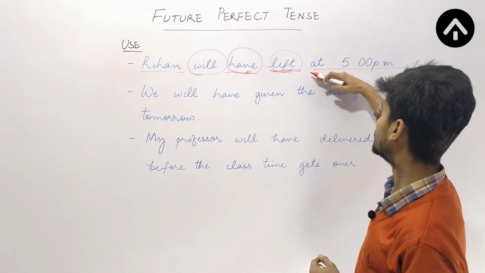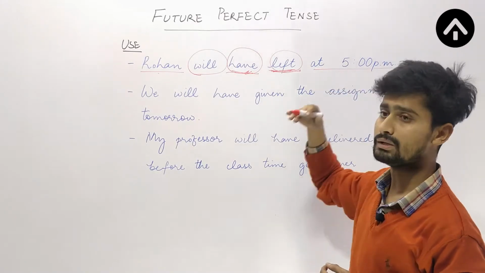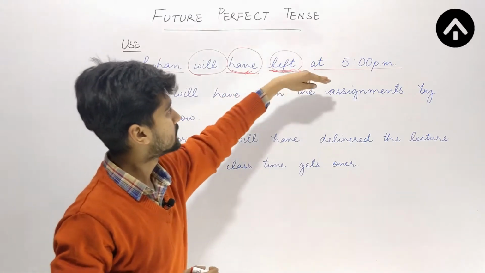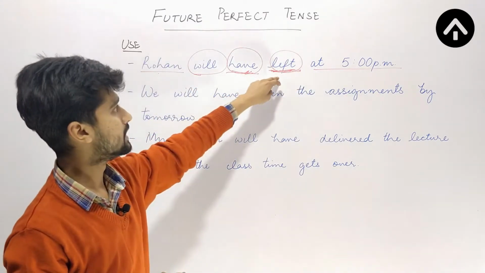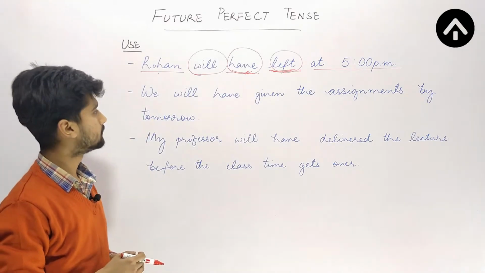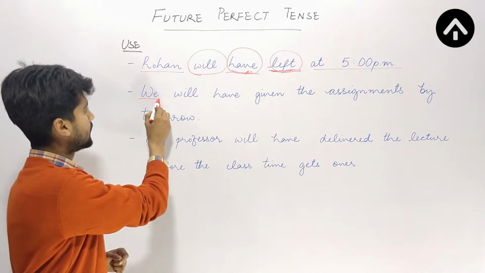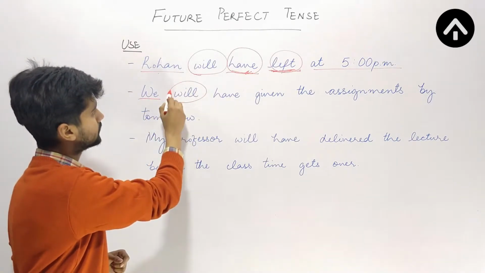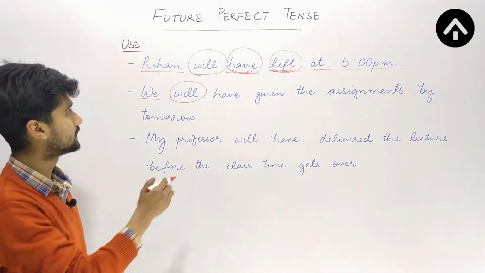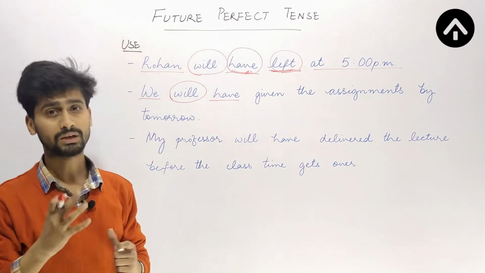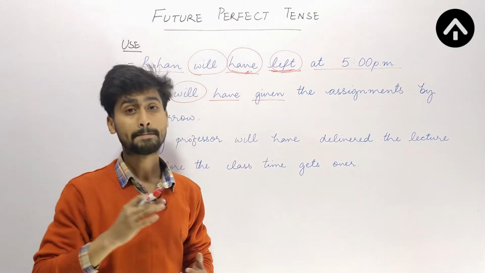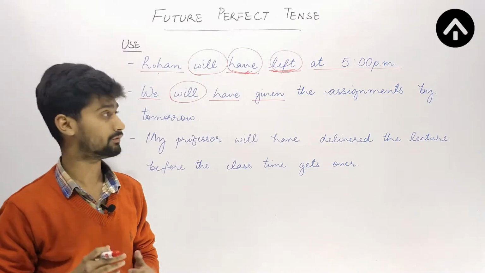So this is a particular time in future. At 5 p.m. Rohan will have left. Next sentence: we will have given the assignments by tomorrow. Now I am using we, after which I am using will, an auxiliary verb showing the future tense. Have is showing again the perfect aspect, and now I am using the past participle form of the verb give.